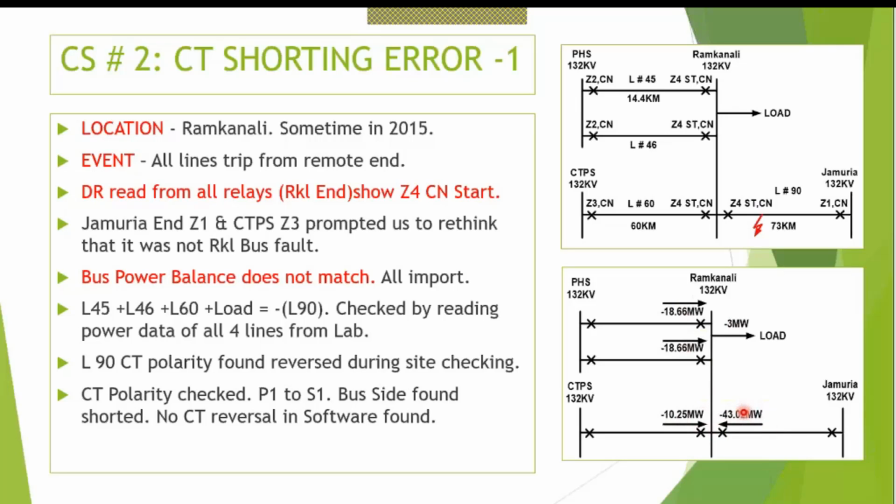So after doing this from remote, we went over there and checked the power data from all the lines and then checked the CT polarity and found it reversed. What was happening? This line saw the fault in reverse correctly because the CT was reversed. These lines saw the fault in reverse because it is correct, the CT is forward.